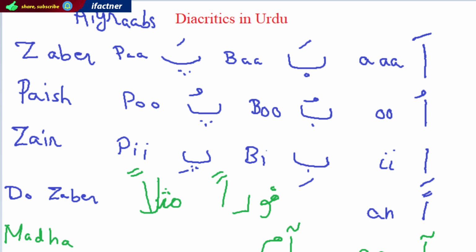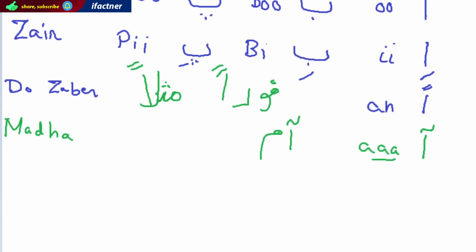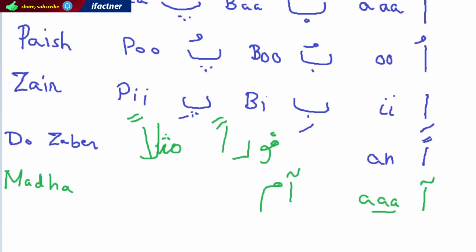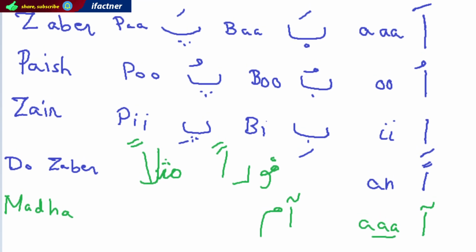Then there is a character of the Urdu alphabet, and we use it as a diacritic in Urdu, and that character is Hamza. That is the smallest character in Urdu, and it comes on top of the word or the character.